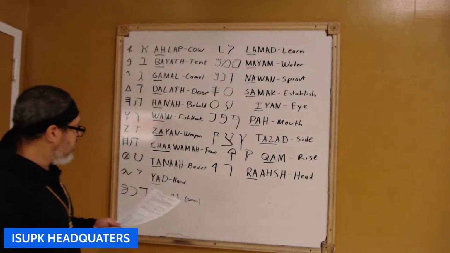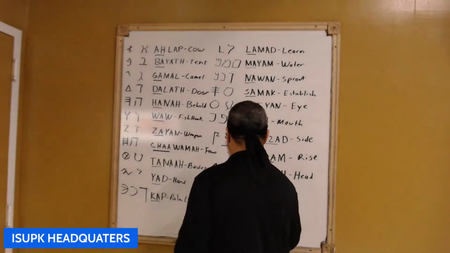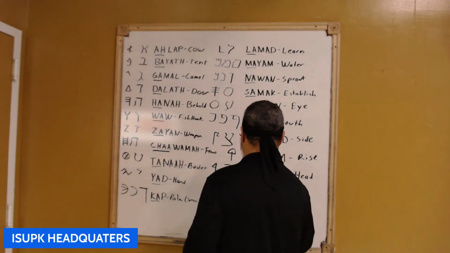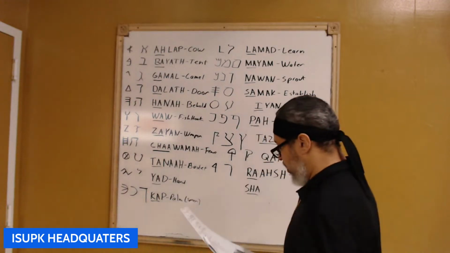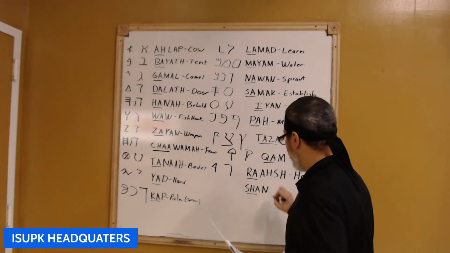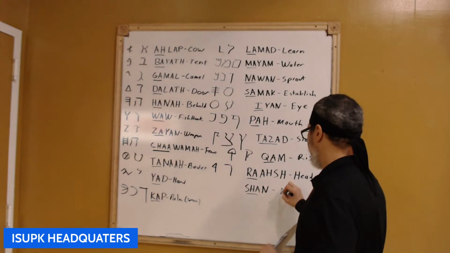Next, we have the sha sound. The sha is short for shan, which is your tooth.